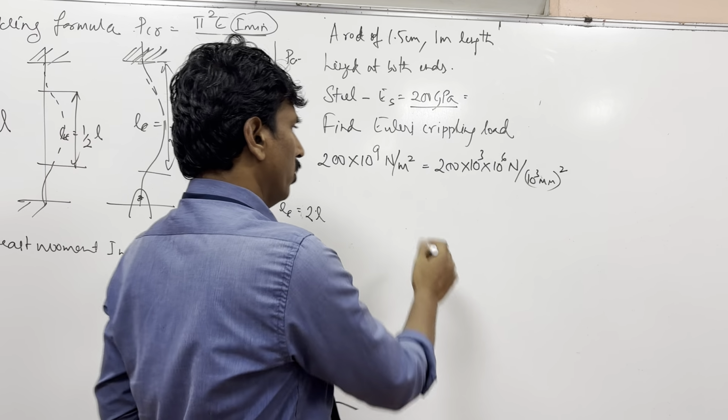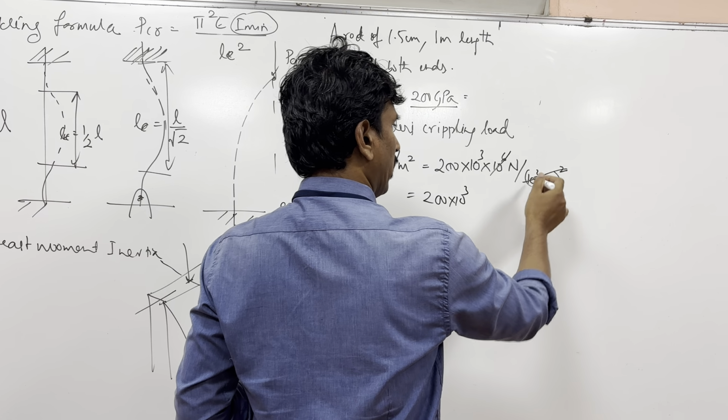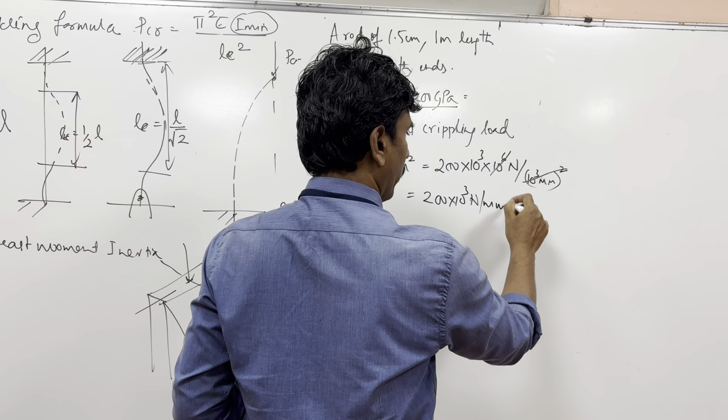So it cancels out. So this is 200 into 10 to the power of 3. This 10 to the power of 3 and this 10 to the power of 3 cancel out, and you are left with this.